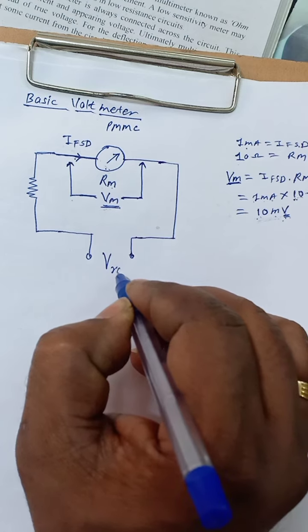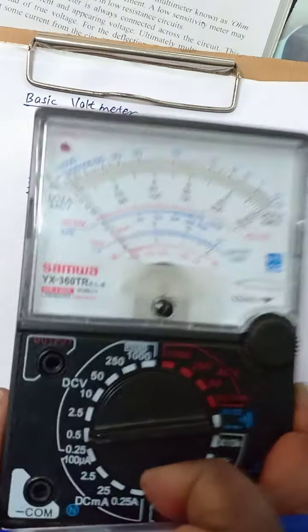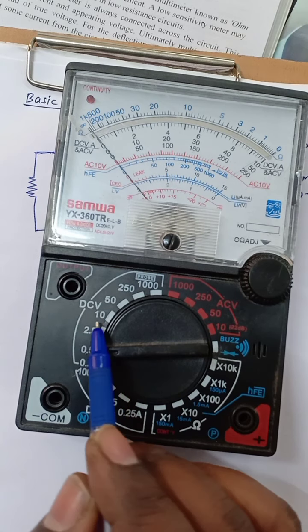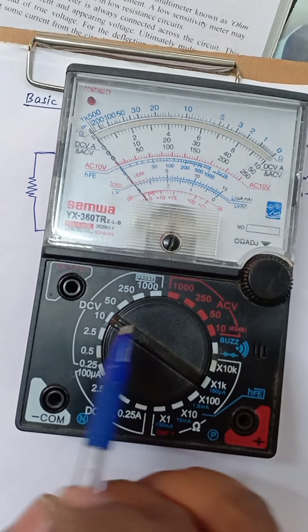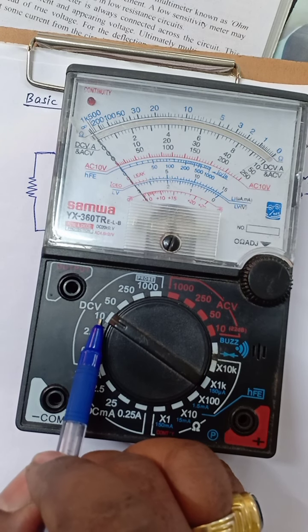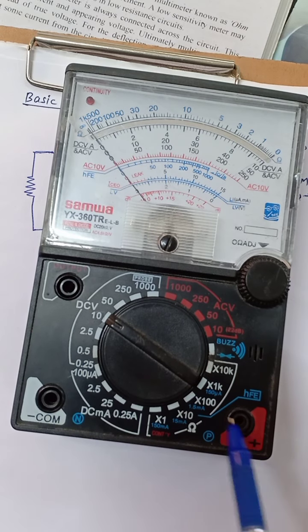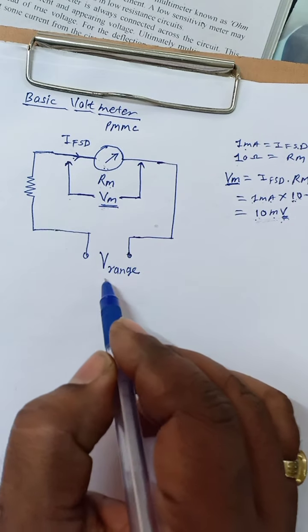Okay, that is known as V range. So look here. This is 0.5 volt, this is 2.5, this is 10 volt, 50. So this is nothing but a range. 10 volt is the range, V range. Okay, so now you can apply 10 volt across these two terminals. So this is a V range.